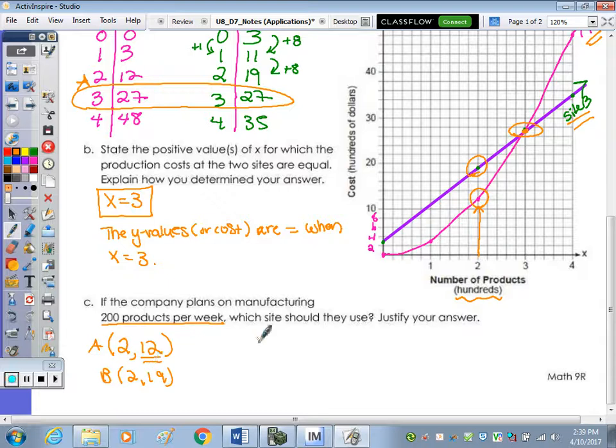So the answer is site A. To justify your answer, it was something like this, stating the points. And then you just want to explain it has a lower cost.